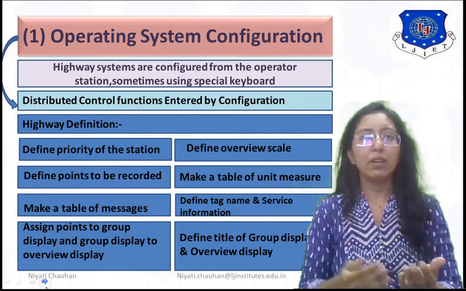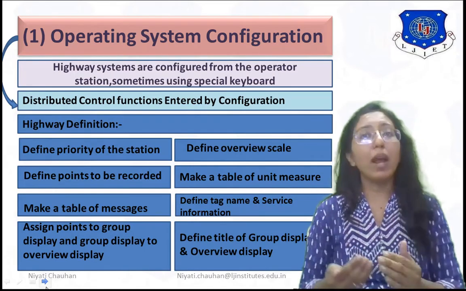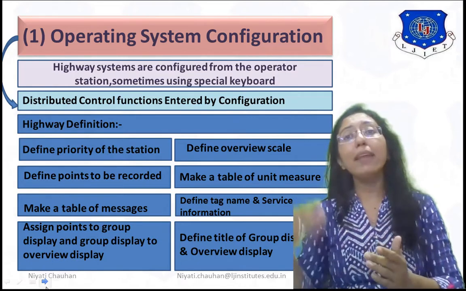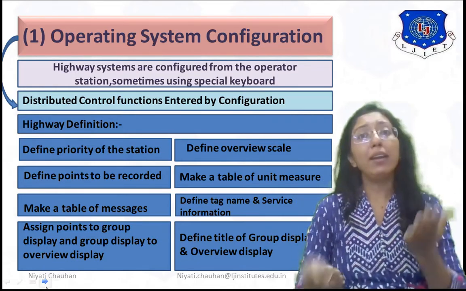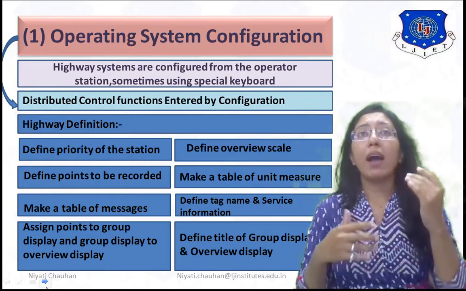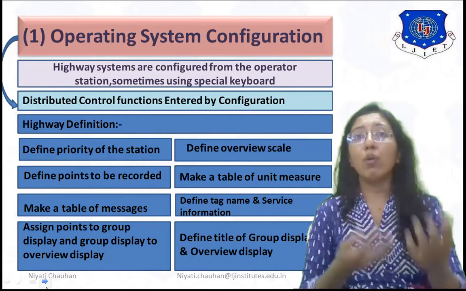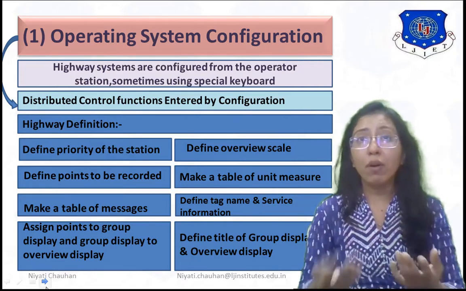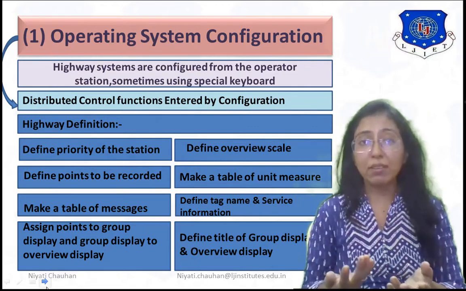In operating system configuration, programming is done by the supplier. So the supplier will design some data like highway, priority of station, overview scale, record, message, tag name, tag service, right?